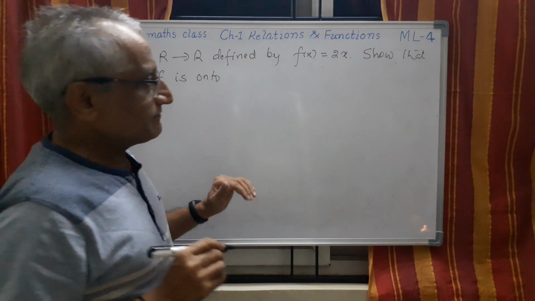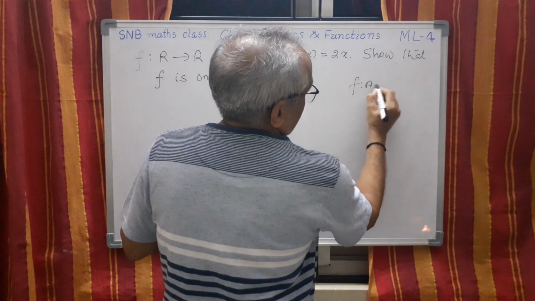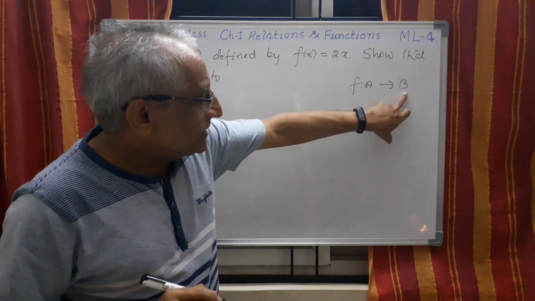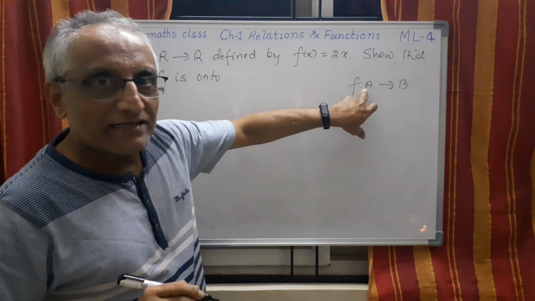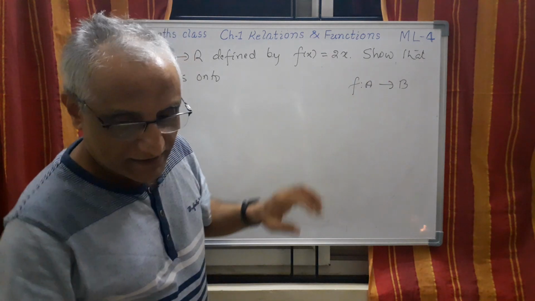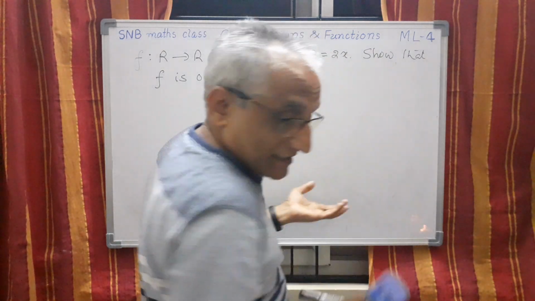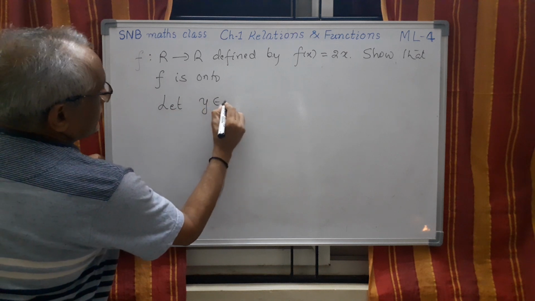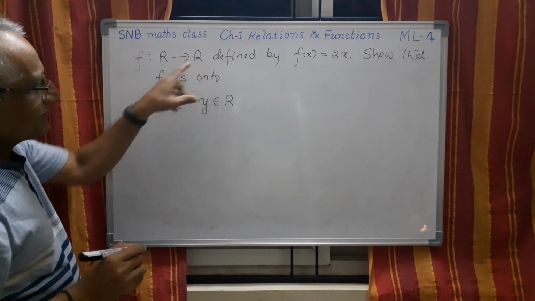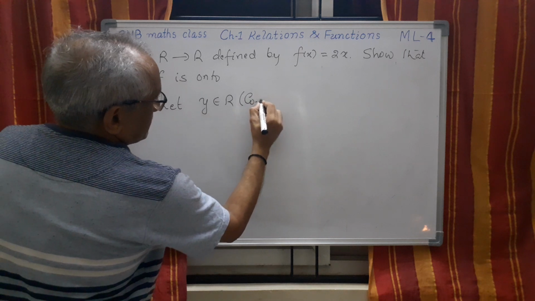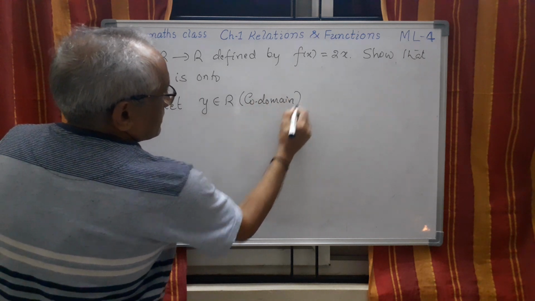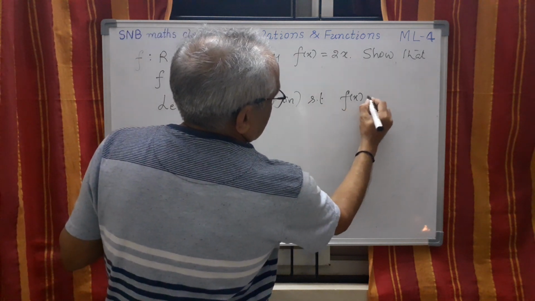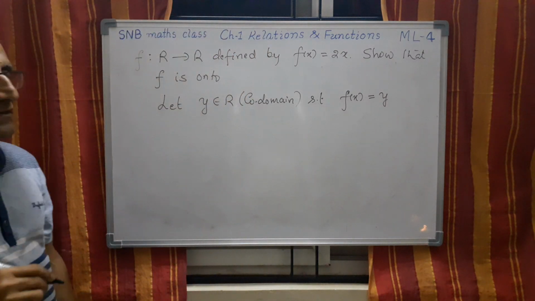Recall the definition. Whenever a function f is from A to B, if you want to show that it is onto, for every element here in the codomain you should show there is an element here so that it becomes the image. It is the reverse of one-one now. So let y be in R, the codomain, such that f of x equals y.